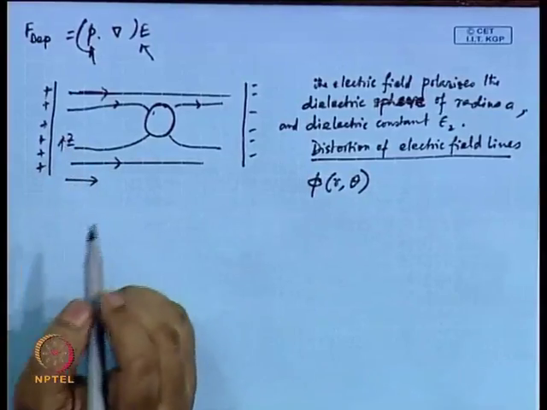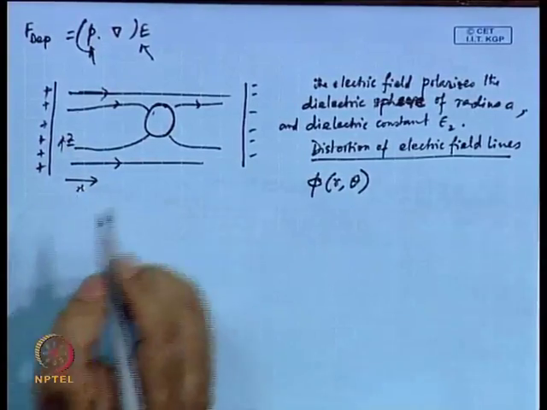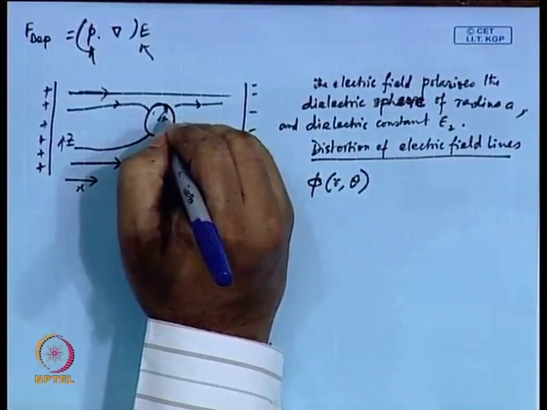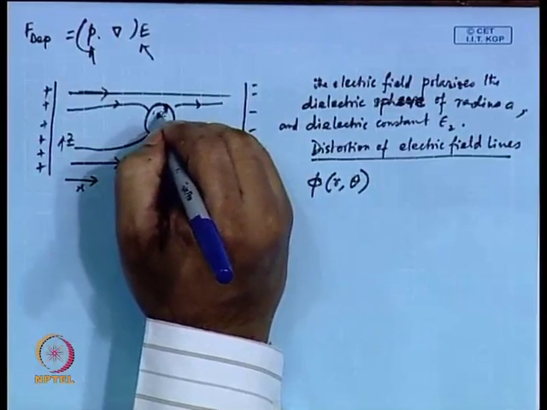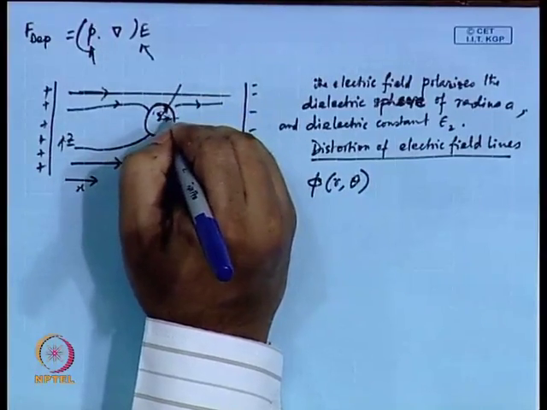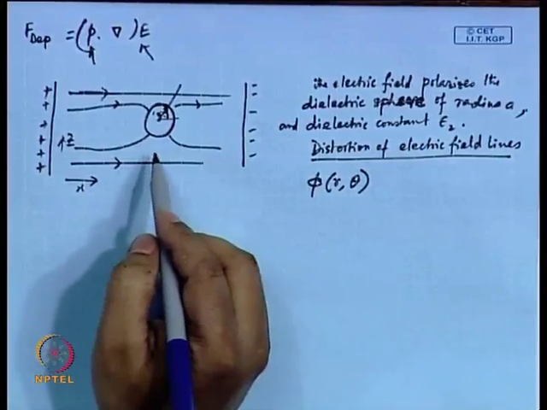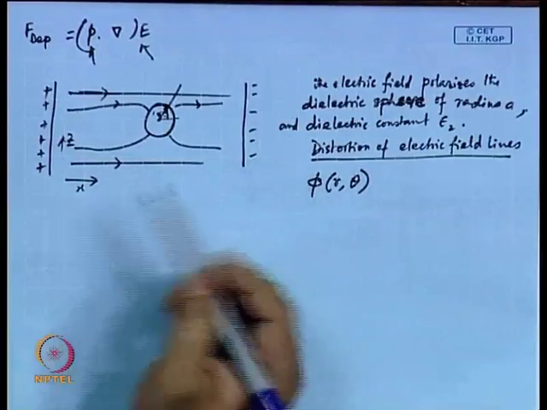Instead of that we have another one, the r theta coordinate, with this angle. Instead of Cartesian we can go to a cylindrical or polar system.